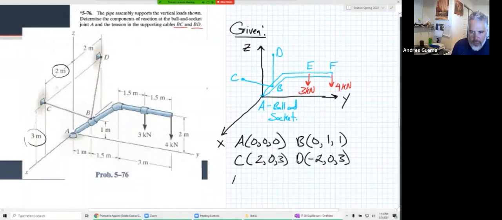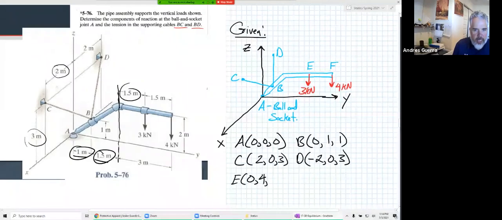And then how about point E as well? So point E has coordinates in the x direction, it's going to be 0. In the y direction, we're going to go 1, and then another 1.5, and that puts us up to right there. And then we go another 1.5. So it's actually 1.5 plus 1.5 plus 1, so 4. And then in the z direction, it's going to be 2.